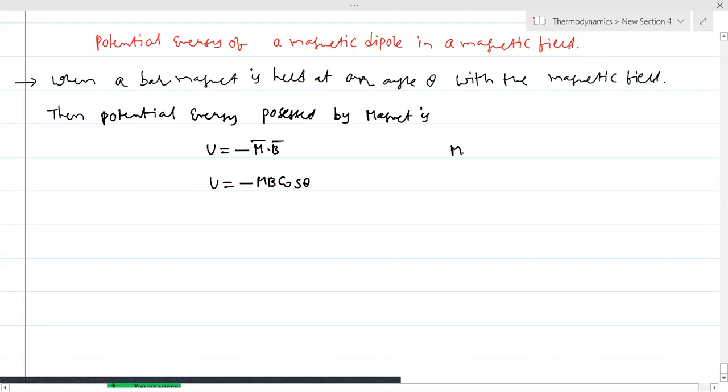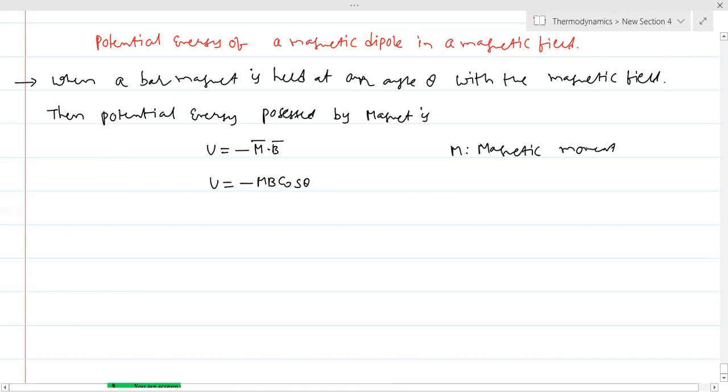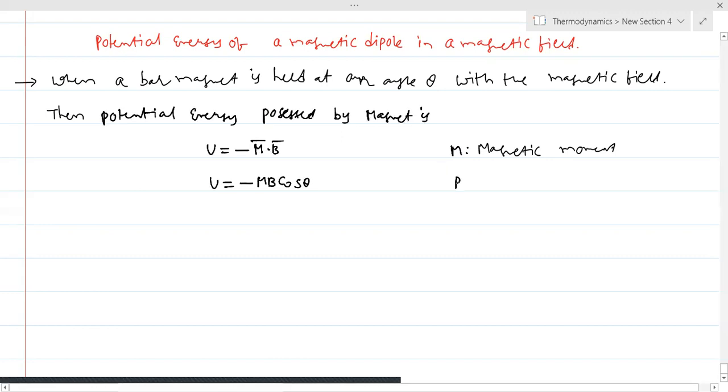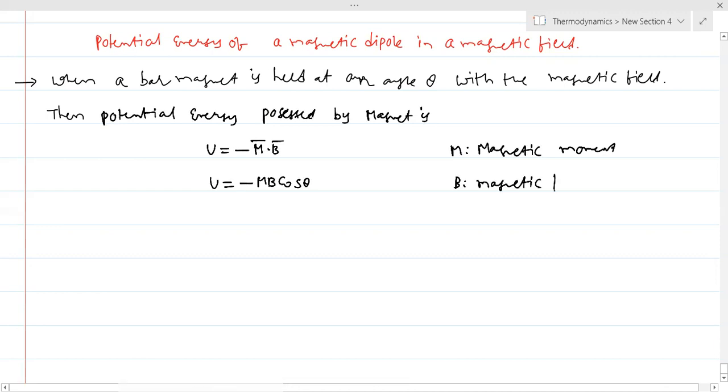Here capital M is magnetic moment and small b is magnetic field induction.